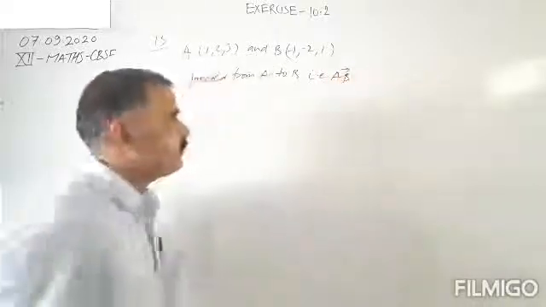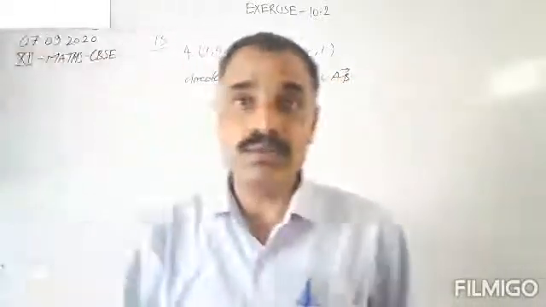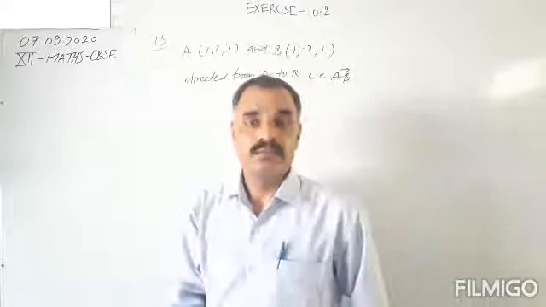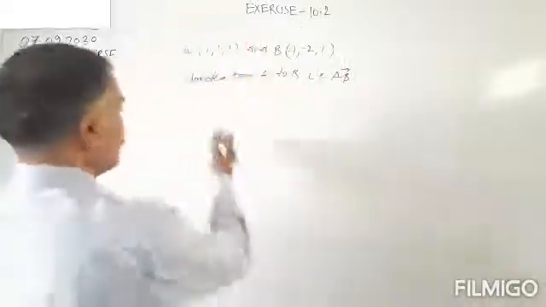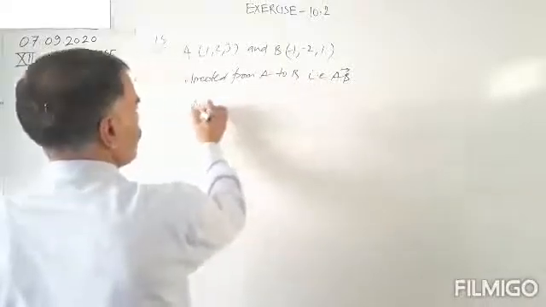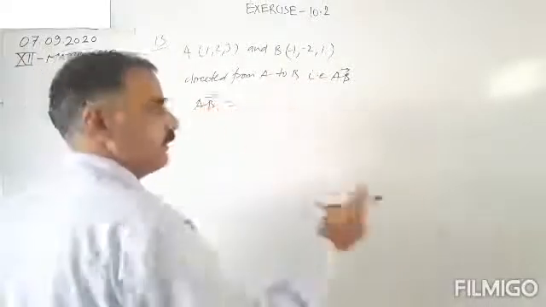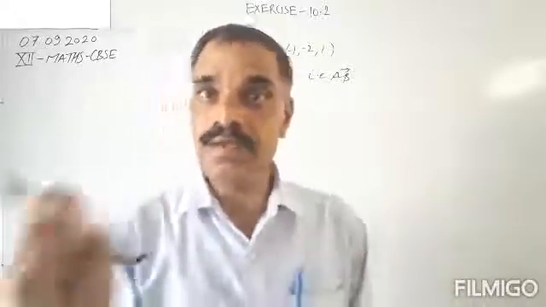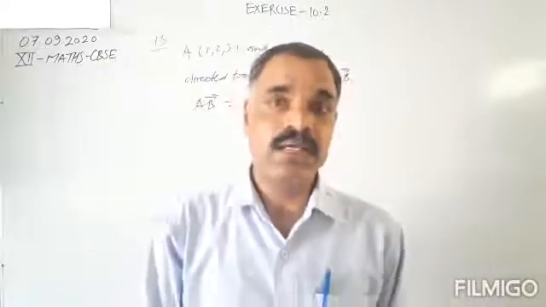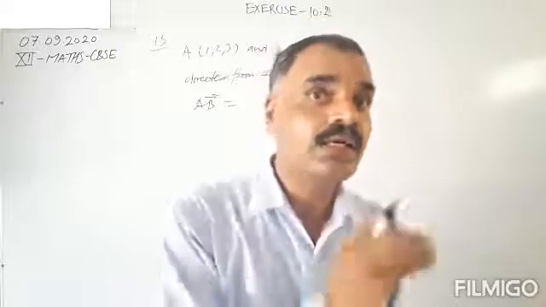So we have to find the direction cosine of AB vector, and the direction cosines of AB vector are the components of the unit AB vector. So we will find the unit AB vector and its scalar components are the direction cosines.